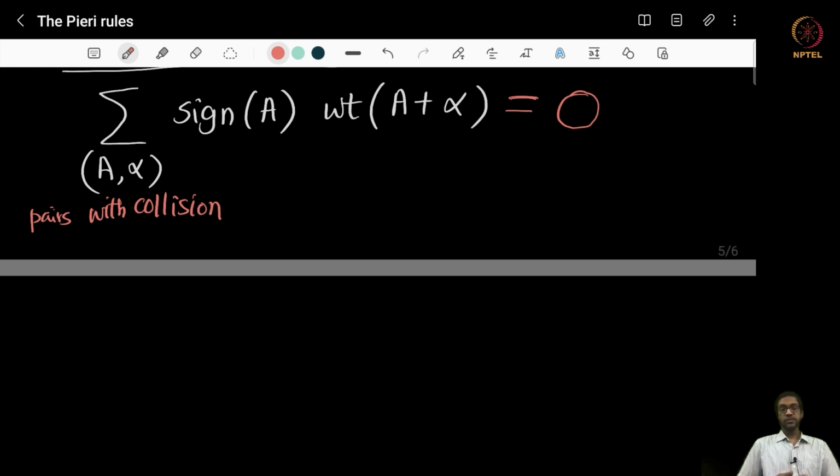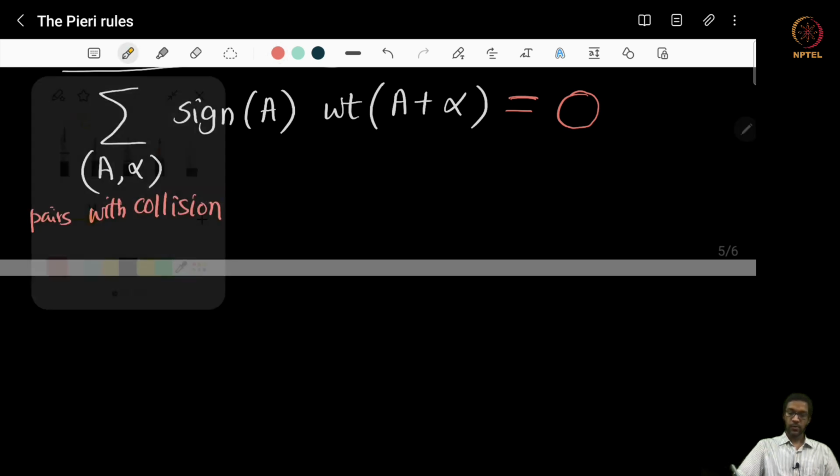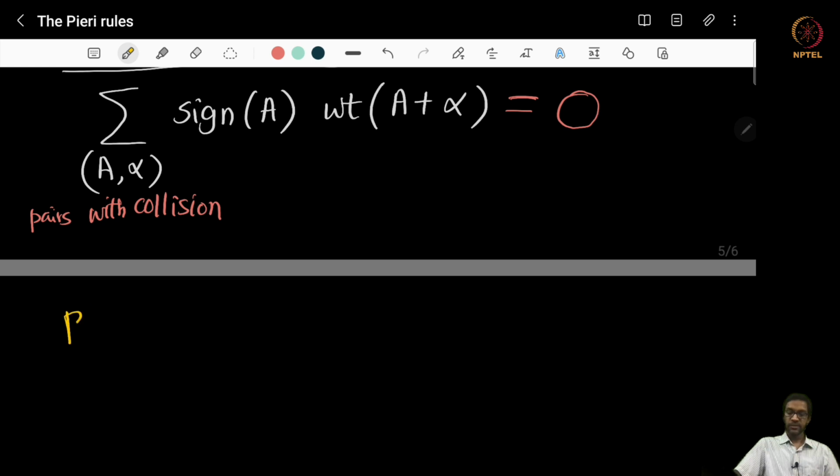What we are claiming is, if you only restrict to those pairs A, alpha where a collision happens, then the total contribution to the sum is actually 0. This happens because there is cancellation. Remember, sign is positive and negative. The claim is they will all cancel perfectly and end up giving us a 0 at the end. So let's prove that colliding pairs will finally give us a 0 contribution.